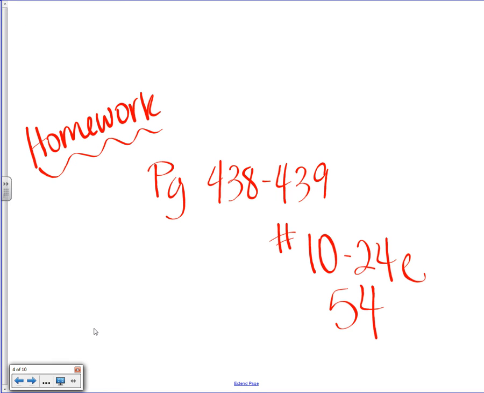Number 18, log base 2 of 32 equals 5. Number 20, log base 1/2 of 32 equals negative 5. Number 22, ln of e equals 1. And number 24, log base m of n equals 3.